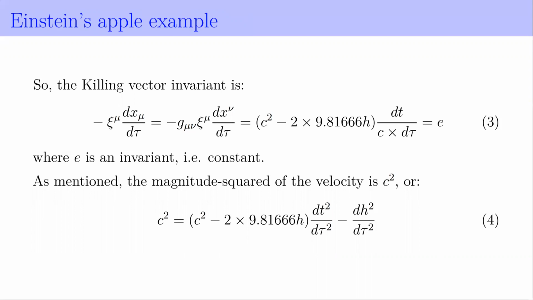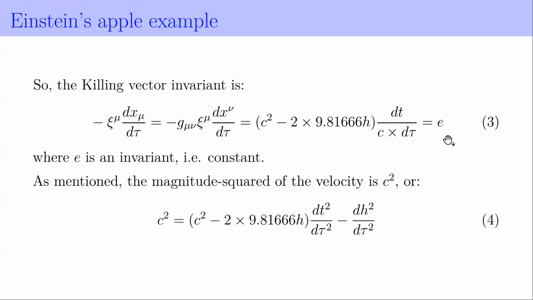You remember that the Killing vector has a 1 for the time portion and a 0 for the space portion. So only the term here, c squared minus 2 times 9.82 h times dt d tau, divided by c, is a constant.